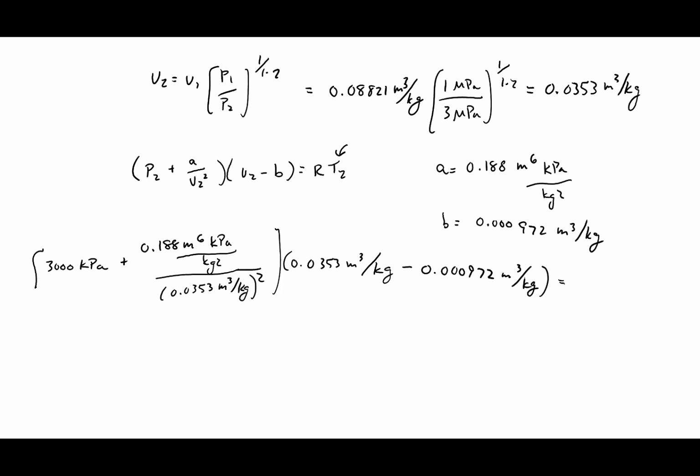And this is equal to R, the gas constant, which is 0.1889 kilopascal meter cubed per kilogram Kelvin, multiplied by T2. We're solving for T2. So if we go through and solve this, T2 is equal to 573 Kelvin.